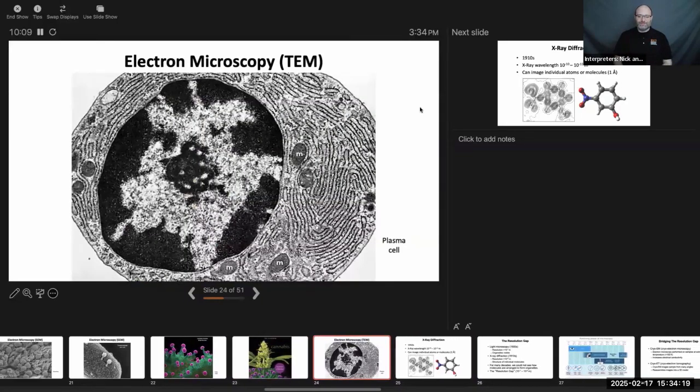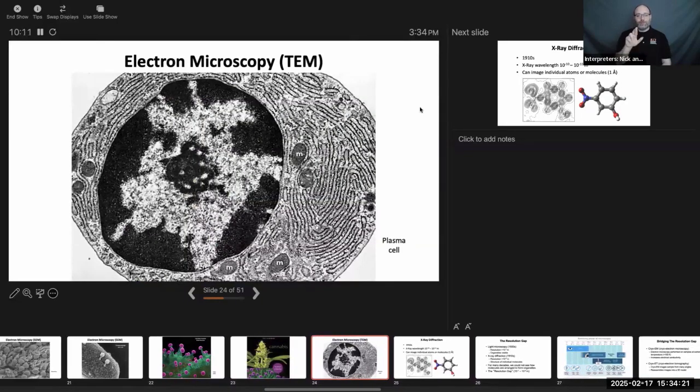Now, here's an example of transmission electron microscopy. So this is something that's actually utilizing thin slices through something. This is a thin slice through a plasma cell, which is a type of cell involved in the immune system. And so this is incredibly high resolution because we're looking at the nucleus here. This giant roundish thing is the nucleus.